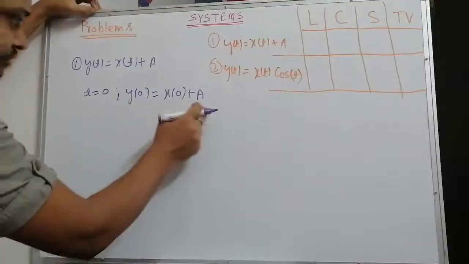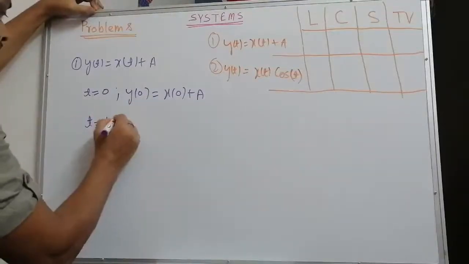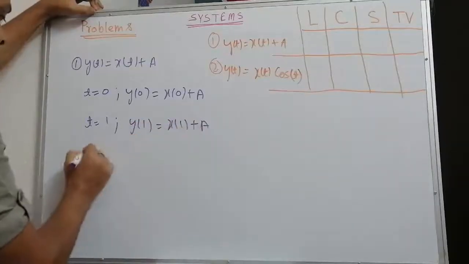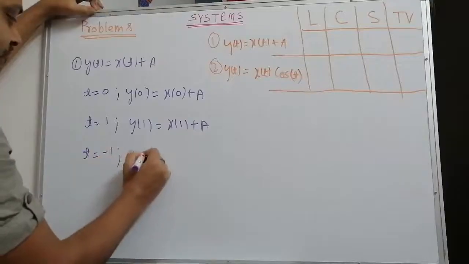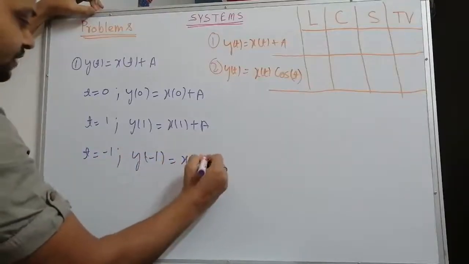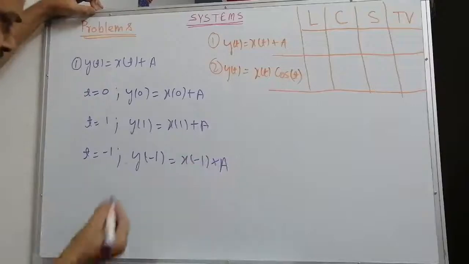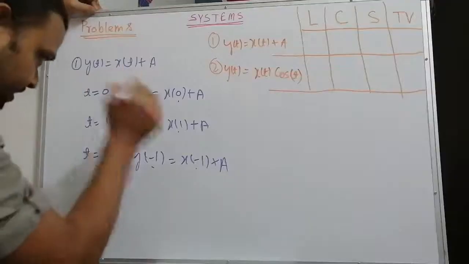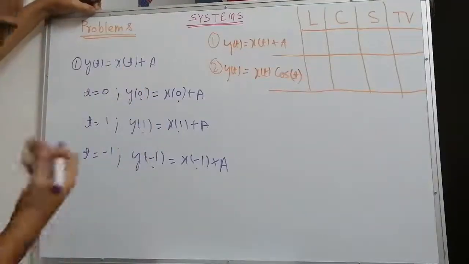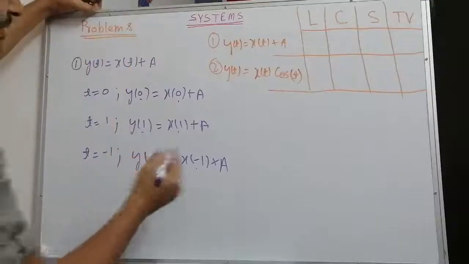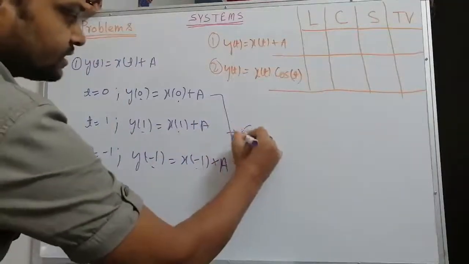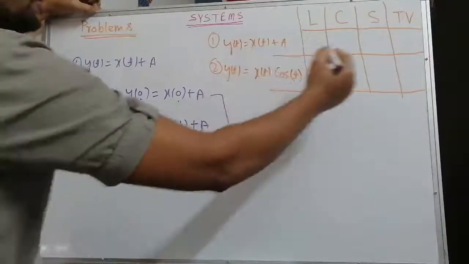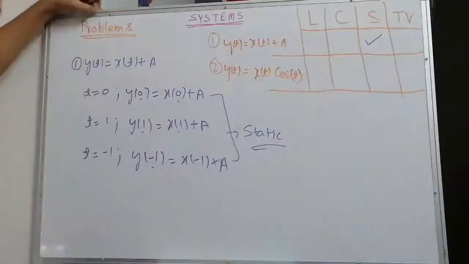If t equals 1, y of 1 is equal to x of 1 plus a, and if t equals minus 1, y of minus 1 is equal to x of minus 1 plus a. So this means this system depends on the present value of time, so this system is said to be static. So the first system is static.